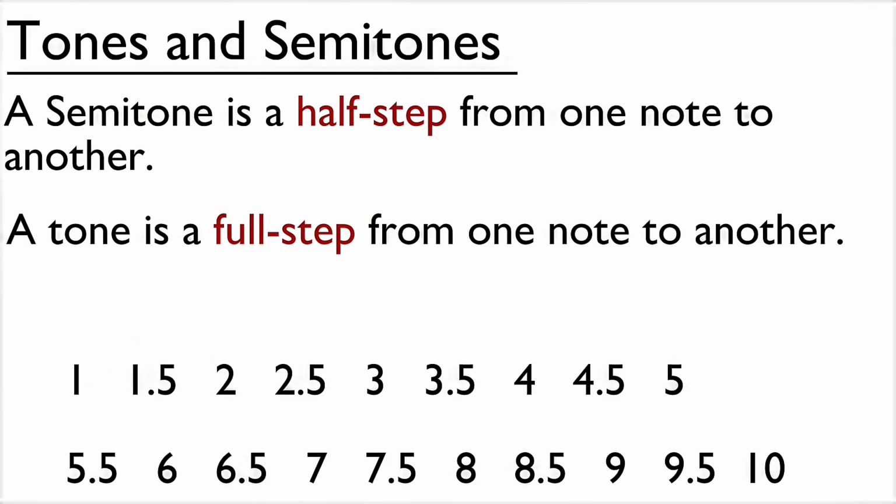So instead of moving from 1 to 1.5, then moving from 1.5 to 2, which are 2 half steps, I'll just take one full step by moving from the 1 straight to the 2. So this means that in every full step, there are 2 half steps. This is the same for tones and semitones.